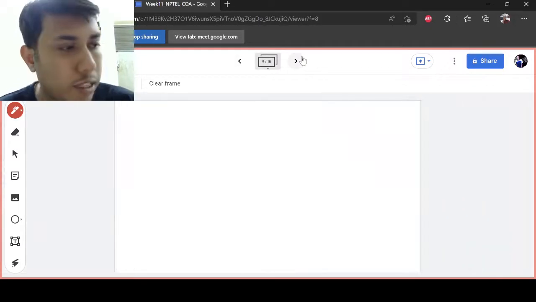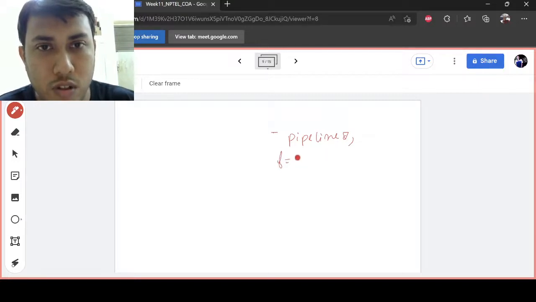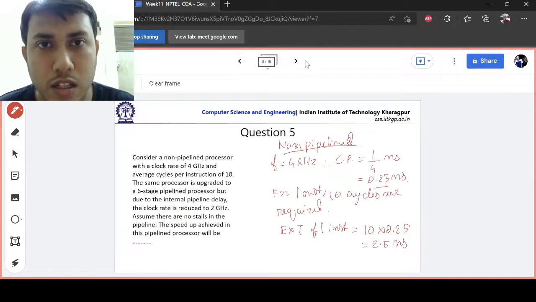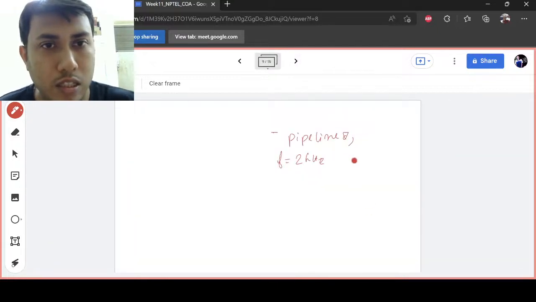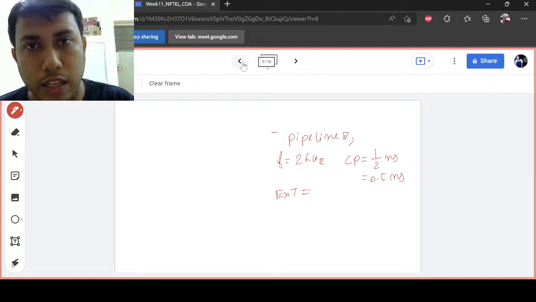So for the pipelined case, f equals 2 gigahertz. Therefore, what will be the clock period? 1 by 2 ns, that is 0.5 ns. Now, what will be the execution time?